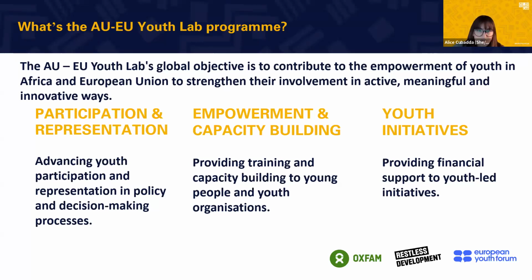The objective of the AU Youth Lab is to contribute to the empowerment of youth in Africa, but also in the European Union, to strengthen their involvement in an active, meaningful, and innovative way. So we have three pillars. This program is based on three pillars: participation and representation, empowerment and capacity building, and youth initiative.